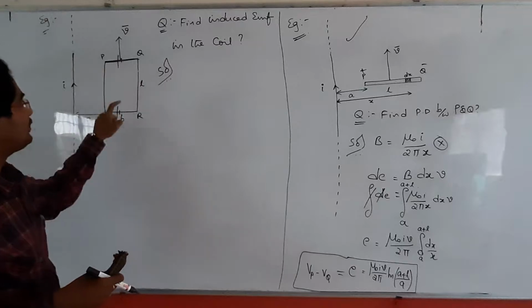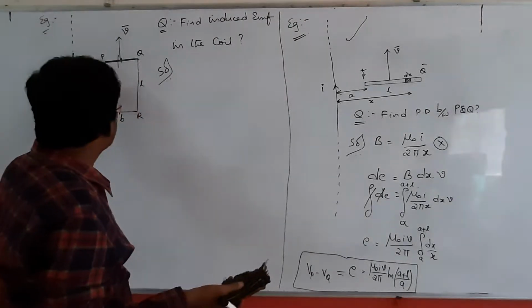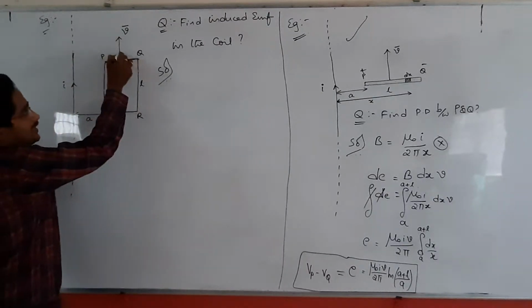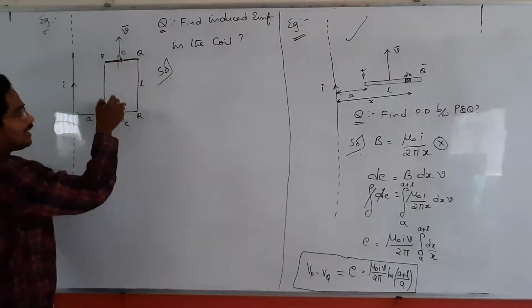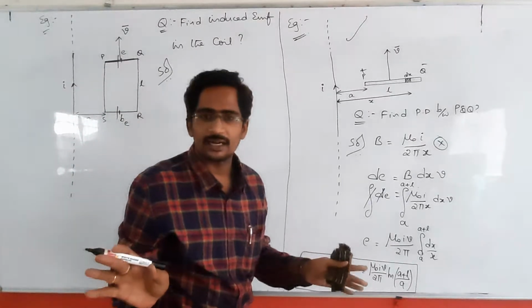What about the induced EMF across both rods? Same, because this rod and this rod are both at the same distance. If one has EMF E, the other also has EMF E. Both are in opposite directions, so they cancel each other.